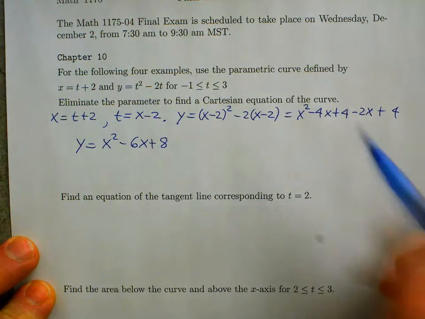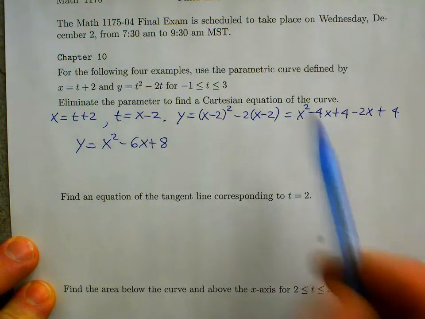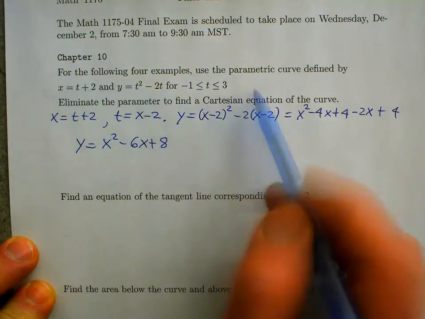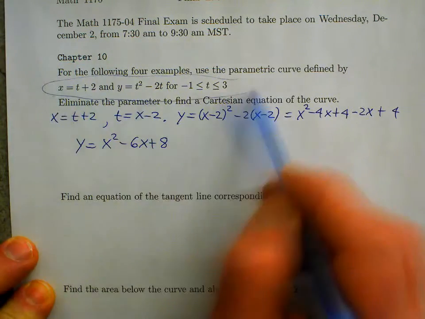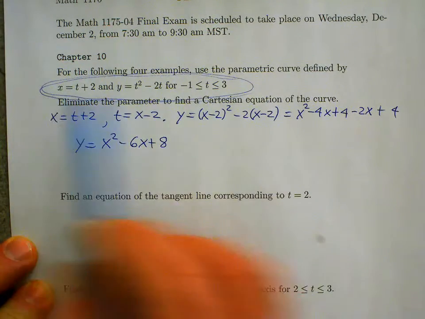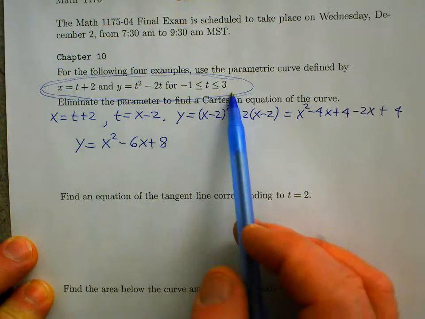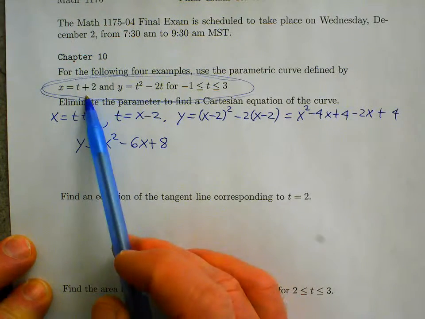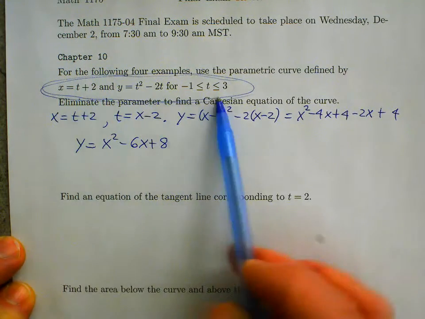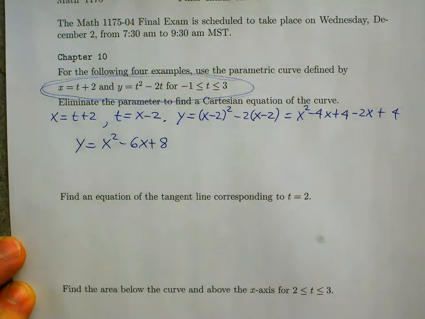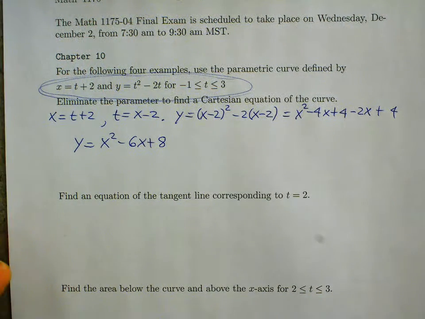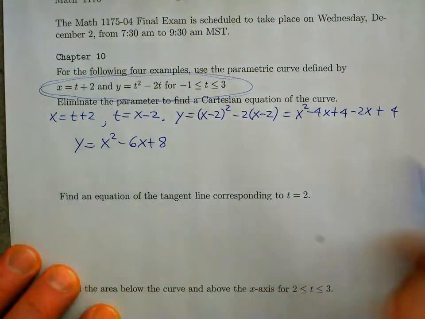So I didn't mention anything about it in this particular problem, but review how to graph a curve that's given in parametric equations. We can do a couple of points.